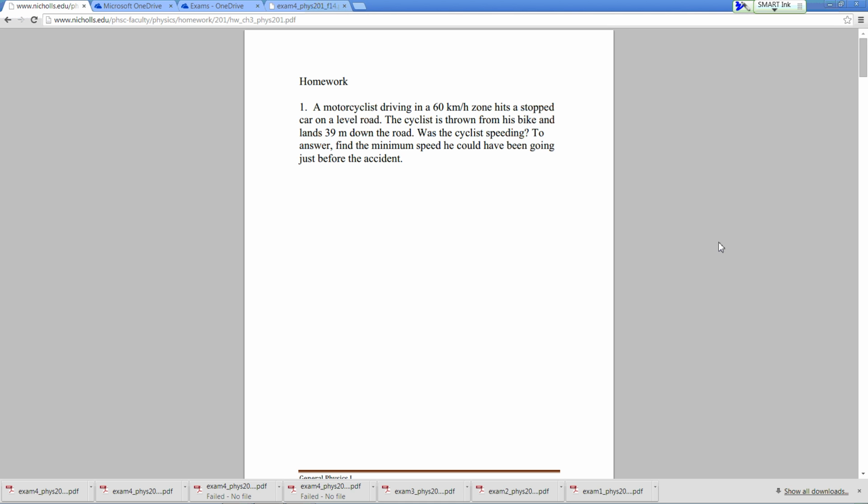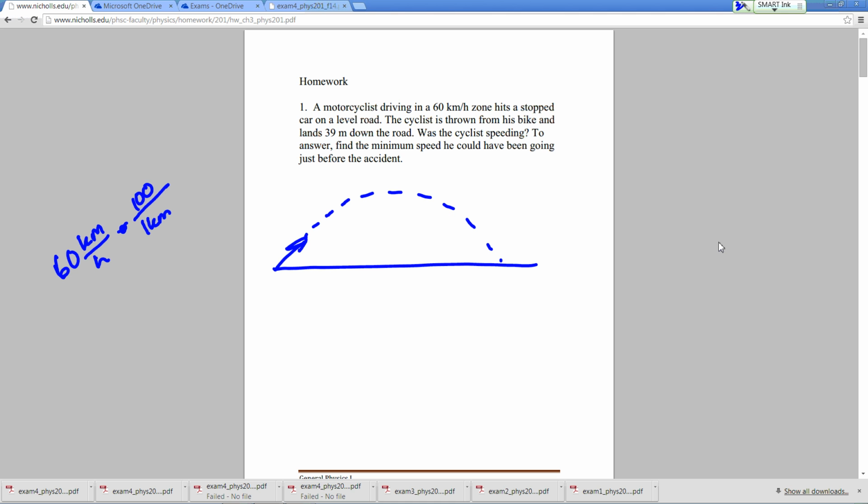Yeah. So this is a projectile motion problem. I have this guy. He's traveling at 60 kilometers per hour. Let's see. I want to convert that to meters per second. In 1 kilometer there are 1,000 meters, in 1 hour, 3,600 seconds. On the exam, there aren't a whole lot of extraneous conversions. So that's 17 meters per second.